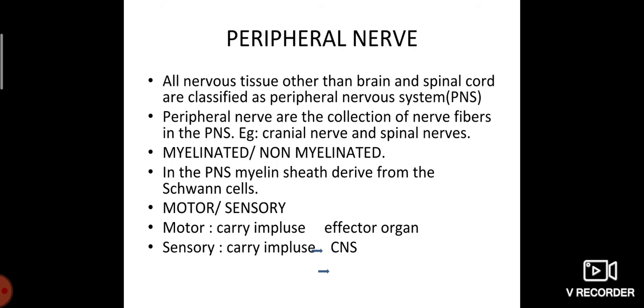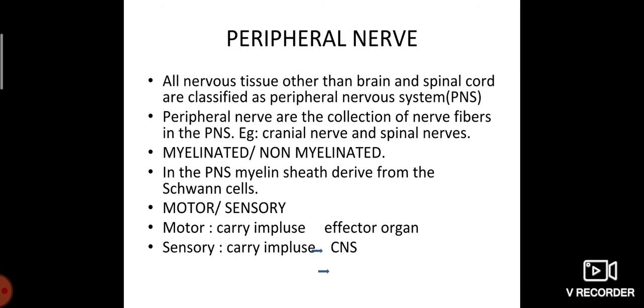Okay. Now, these peripheral nerves can be motor or sensory. That means the peripheral nerves can supply some muscles. If it is supplying muscles or has a motor function, these nerves are classified as motor nerves. Or in some cases, some peripheral nerves receive sensation.